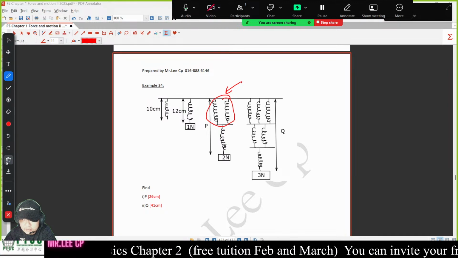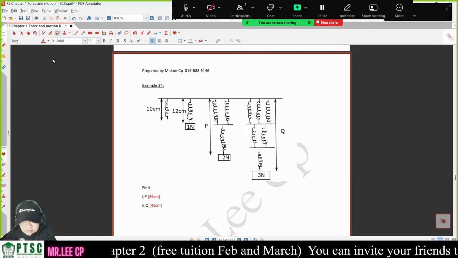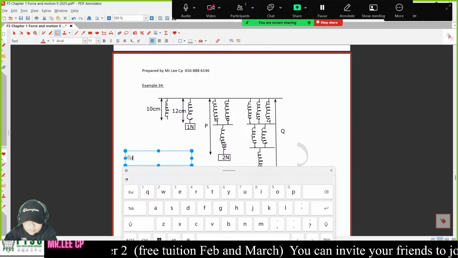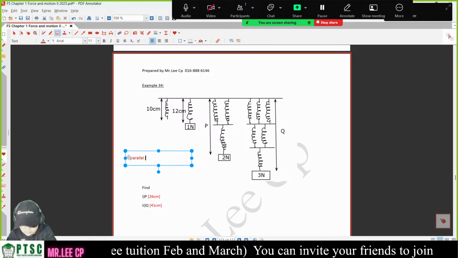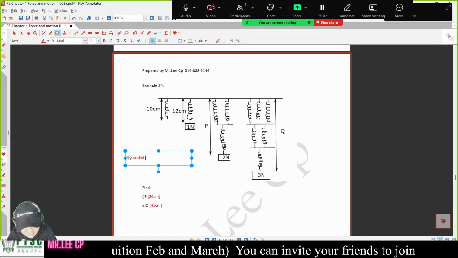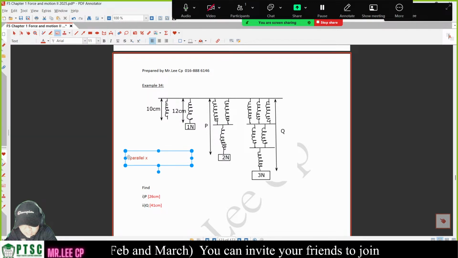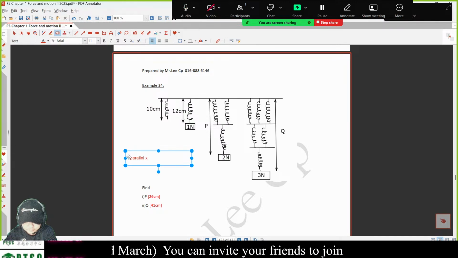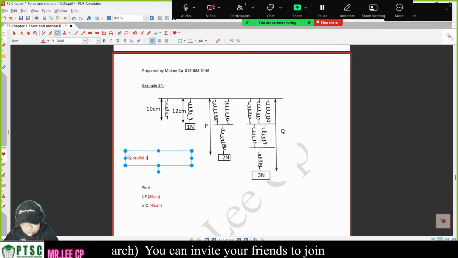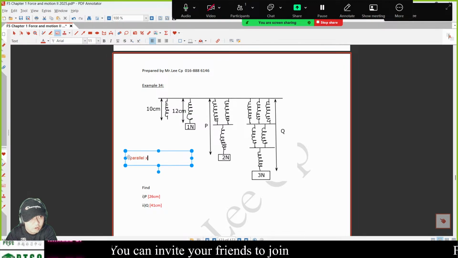When you see parallel, you times it. The K is higher, stiffer, harder to pull down. So for K you times it: if you have 2 springs, you times 2, 3 springs, you times 3, 4 springs, you times 4. That is how you get the K.